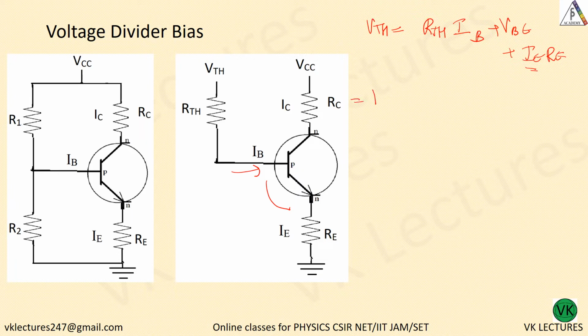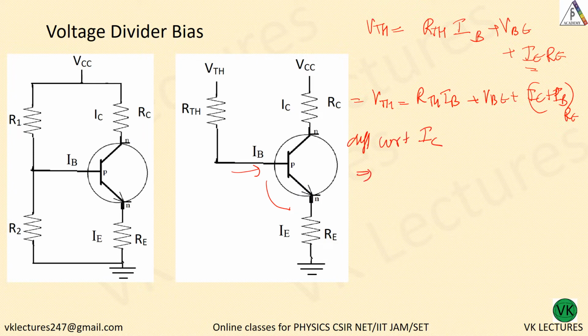So what you have, VTH is equal to RTH into IB plus VBE plus IC plus IB into RE. Alright. Now differentiate with respect to IC.